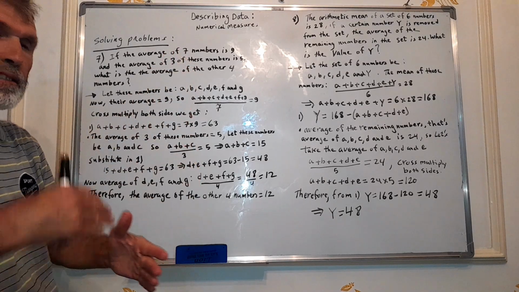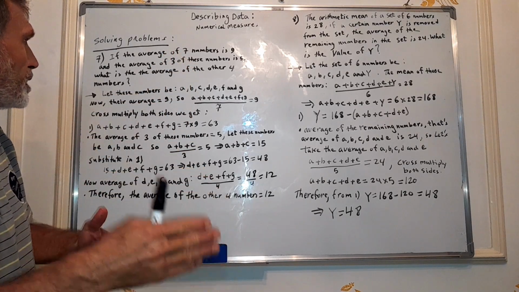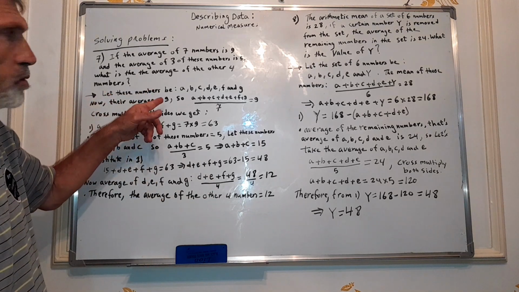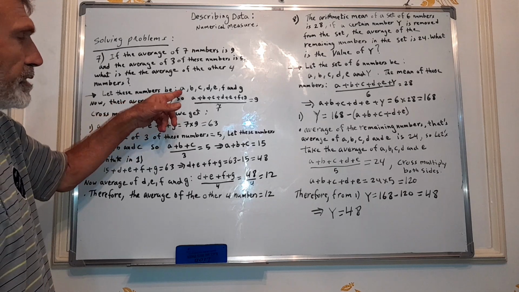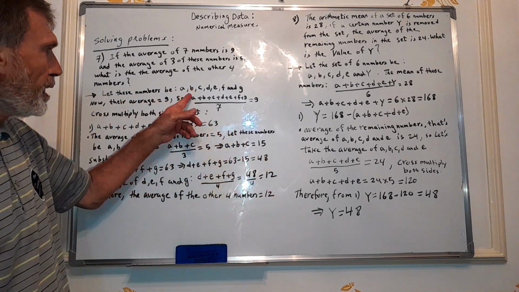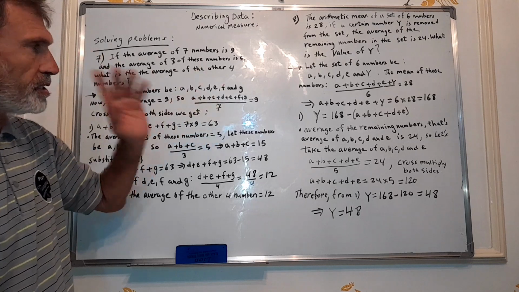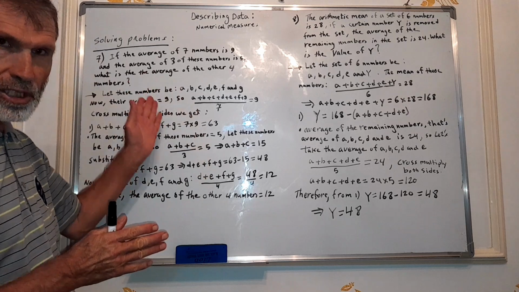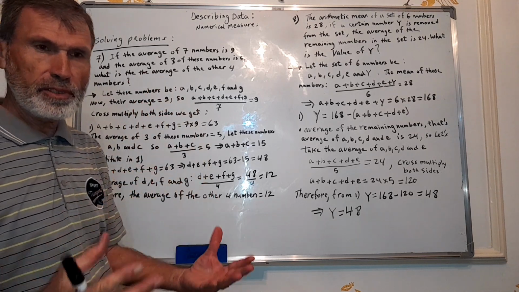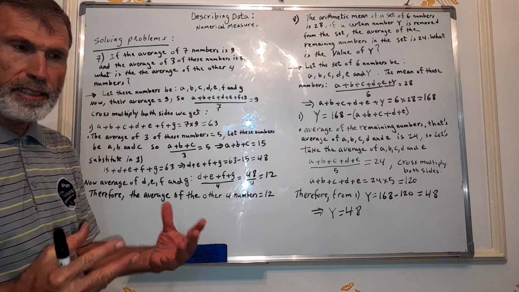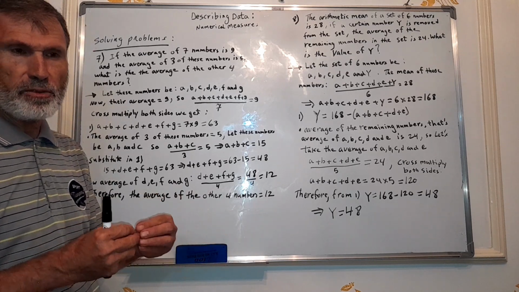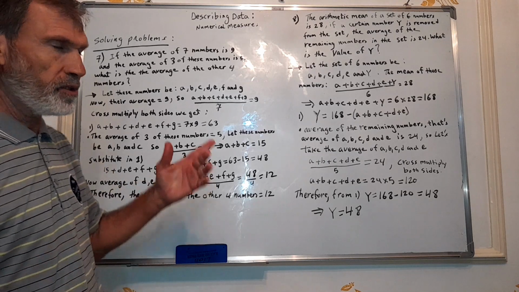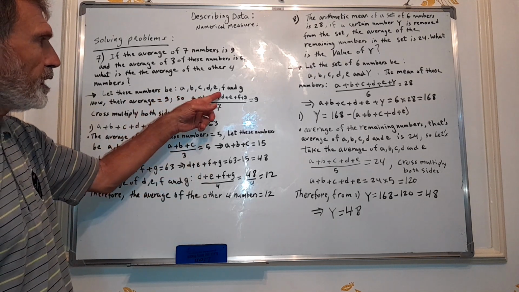The very first thing when you see a question like this is to assume these numbers and give symbols for them. We call them A, B, C, D, E, F, and G. These are the 7 numbers.